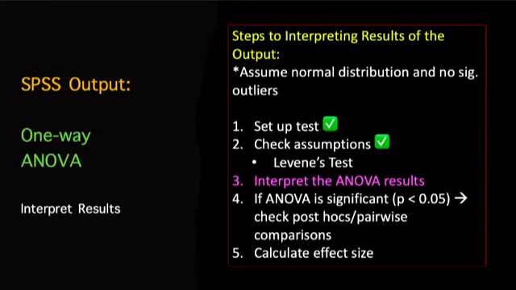Now, I have two examples for the sake of showing you what the tables look like in SPSS. Given the results of Levene's test on the previous slide, for this example, we have assumed that we have met our homogeneity of variance assumption.